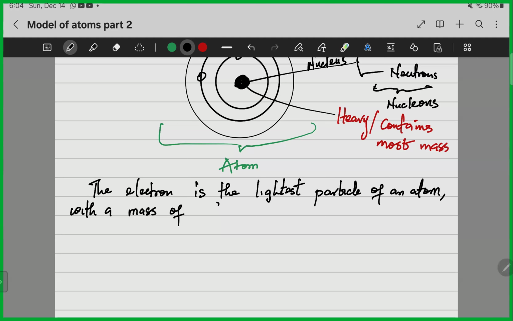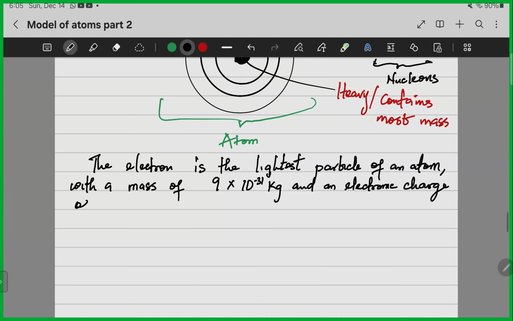With a mass of 9 times 10 raised to power minus 31 kilogram, and an electronic charge. Normally I write it with an E. Now it's negative, of course, for an electron.